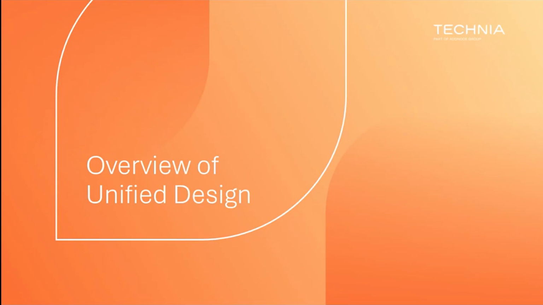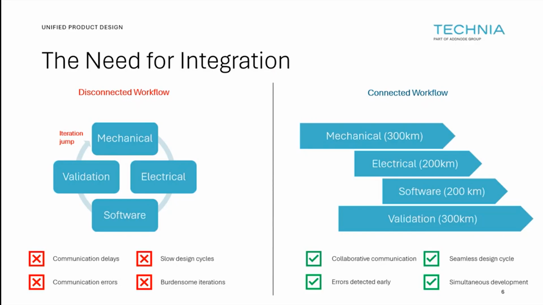And now on to the first section, giving you an overview of a unified design flow. When designing a product, many companies still use disconnected tools for mechanical, electrical, and software engineering. This disjointed approach can lead to errors, delays, and miscommunication between teams. The need for integration is clear here.